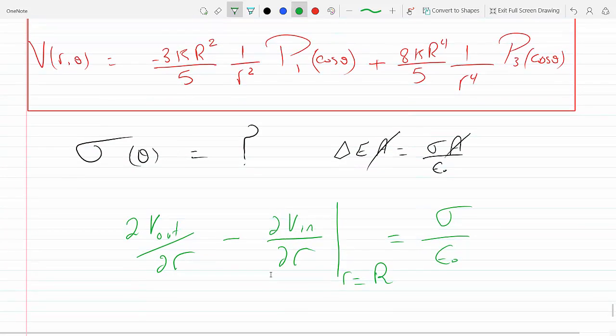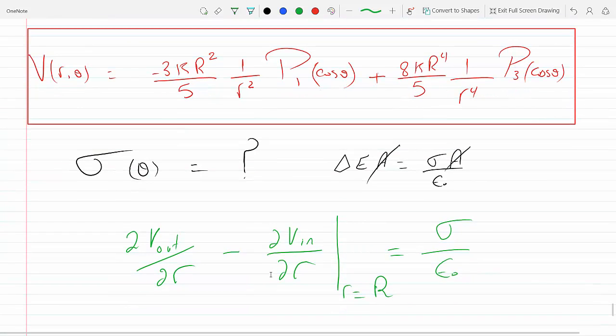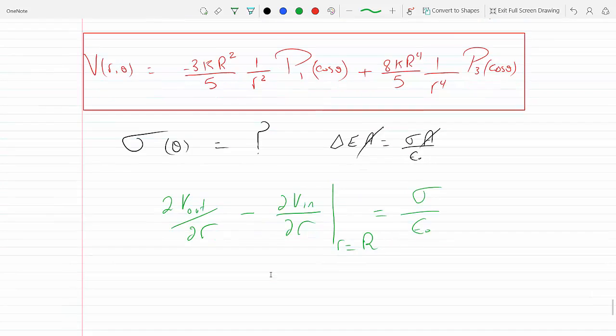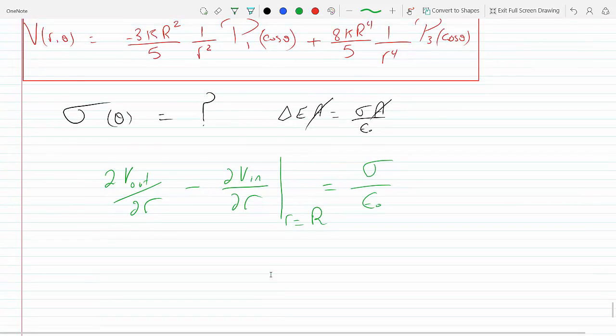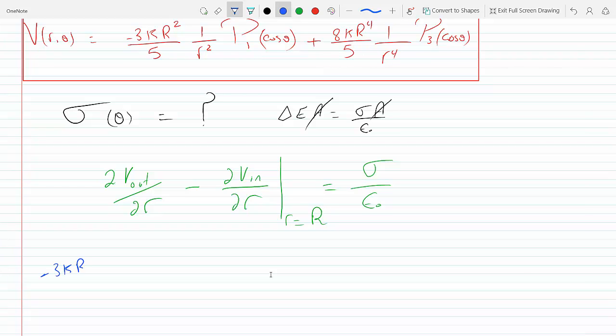So let's do it. dV out over dr. So you would differentiate this red box here. So what's that? Minus 3k r squared over 5, all constants. The derivative of 1 over r squared is what?